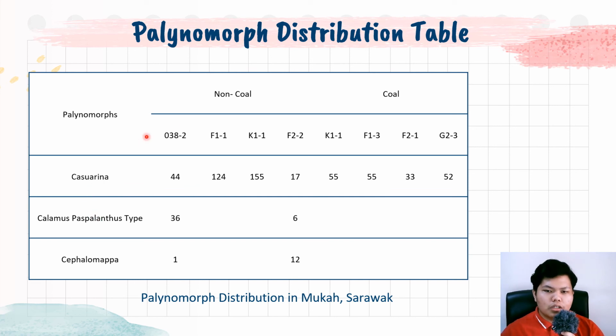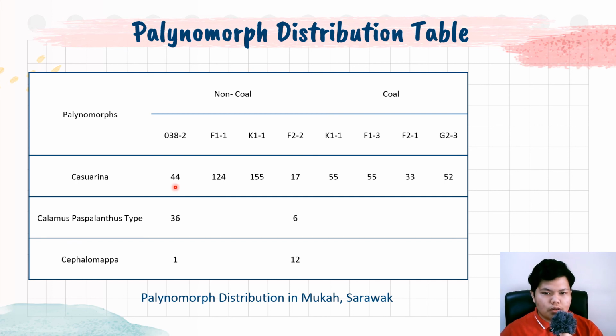And the rock samples are divided into 2 categories. The first is non-coal and the second one is coal. The numbers here are the names of the rock samples, and the numbers beside the palynomorph indicate the value of the palynomorph in the rock sample.